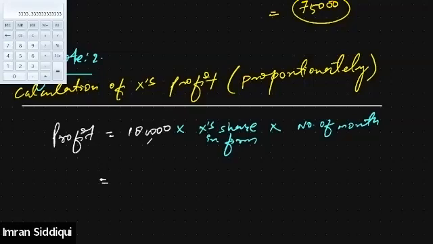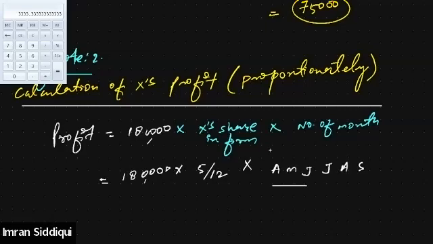So 1,80,000, his share was how much? 5/12, and he rendered services for how many months? April, May, June, July, August, September, a 6-month period. So 6/12. 1,80,000 into 5/12 is 75,000. 75,000 into 6/12, that means 37,500.